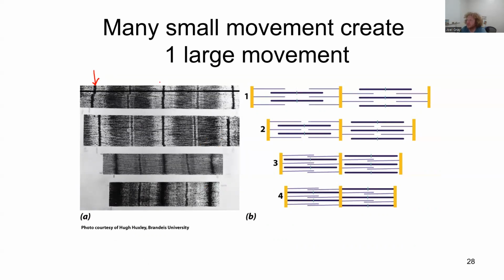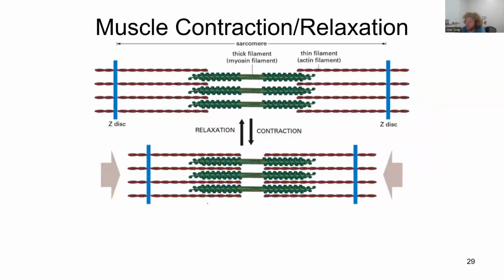So here's our Z disc, M line, Z disc. And slowly but surely, the Z disc moves inward, and then again moves inward, again inward. And so these two sarcomeres shrink quite a bit.